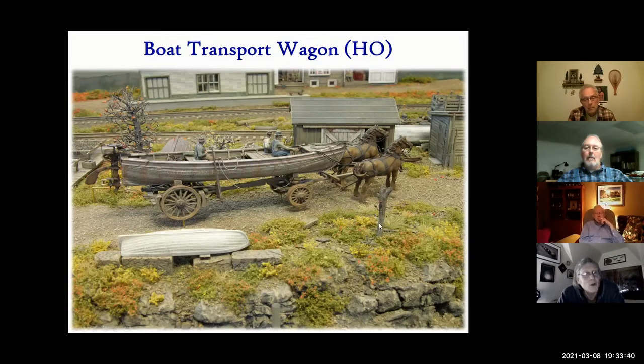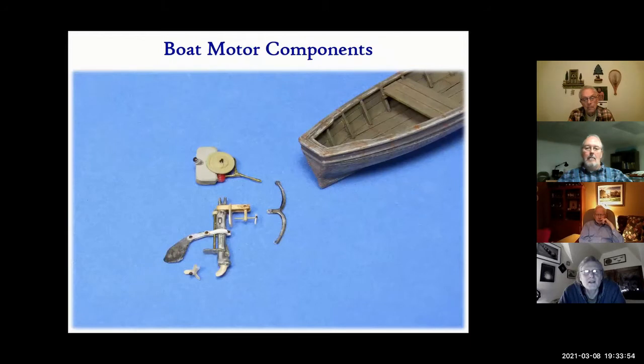So that's how small your detailing can get in HO. And again, that's a commercial piece, so we would have really never thought of it. But the detailing can get very small, and it really does fascinate particularly the little kids to see a woodpecker model that small.